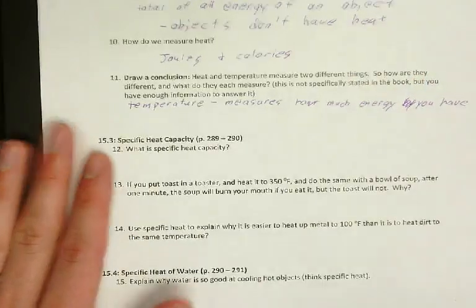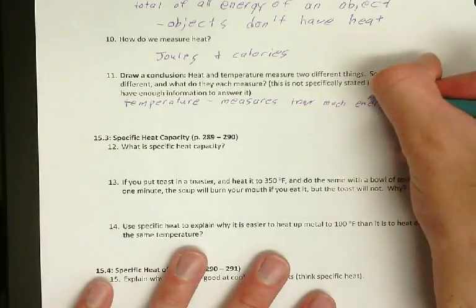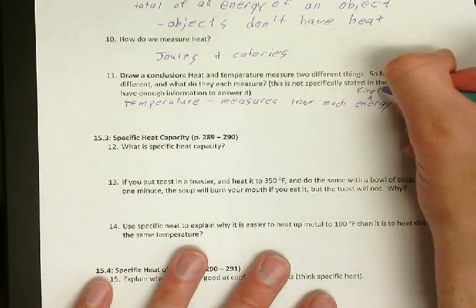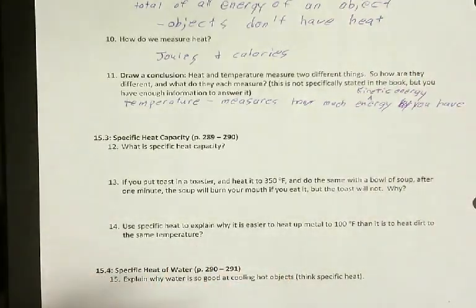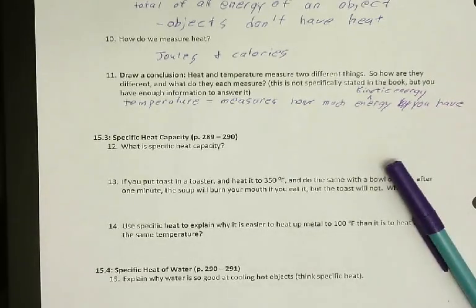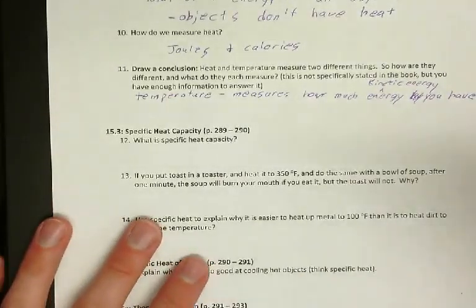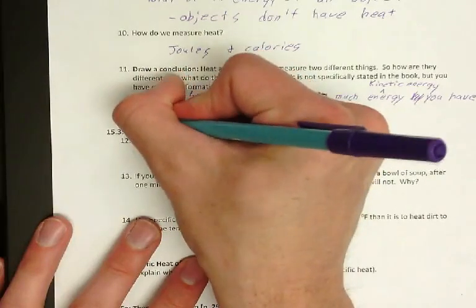Specifically, it's how much kinetic energy your particles have. So when you have a really high temperature, it means your particles are vibrating really fast. When you have a fever, your body particles are vibrating faster than normal. Heat, when something feels hot, that's energy transfer.